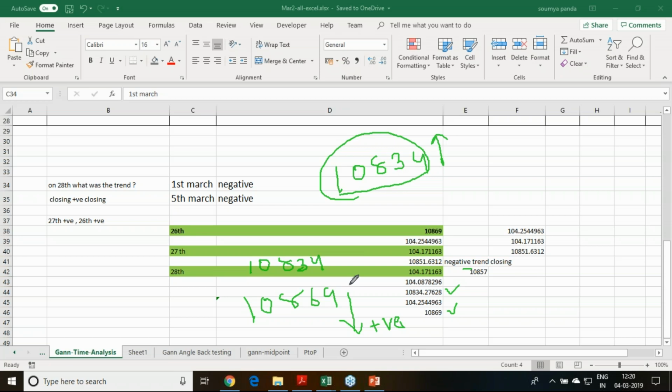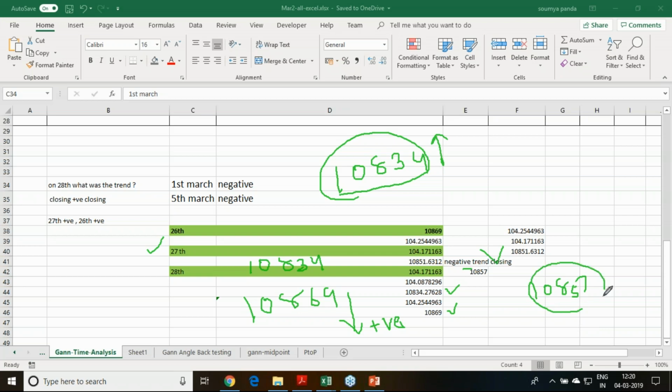A new trend has not emerged. Whatever old trend was there on 27th is continuing on 28th. Based on this, 27th was a negative trend closing, and on 28th the closing was 10,857. So this suggests that I am in the same trend as 27th February. My trend on 27th February has not changed. It is a trend negative closing only.